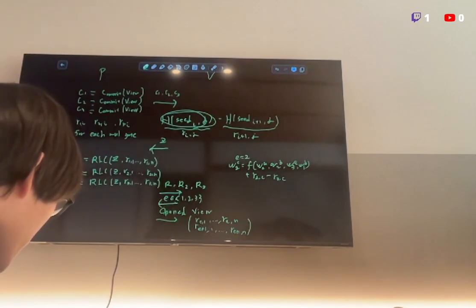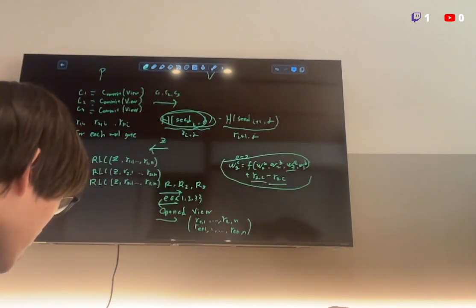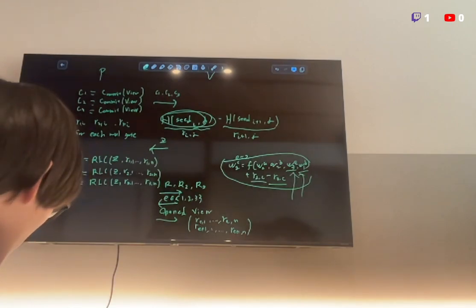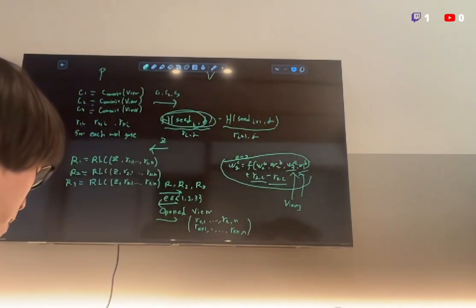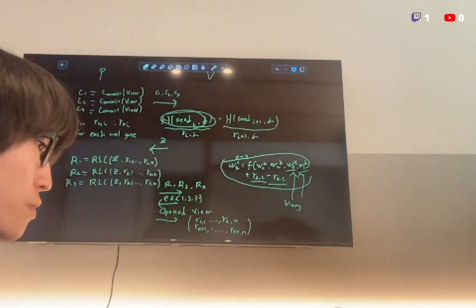So the verifier wants to recompute this calculation, so it needs W2C and W3C and these values, and these values are directly given in view 3. So the verifier is opening view 2 and 3.